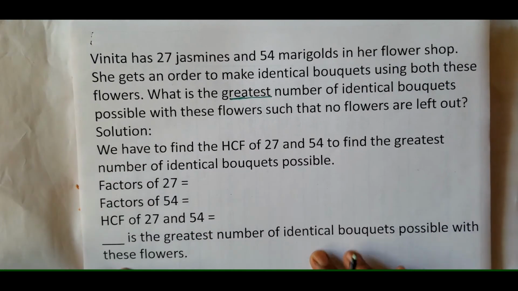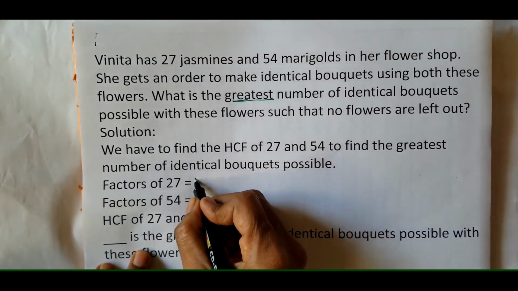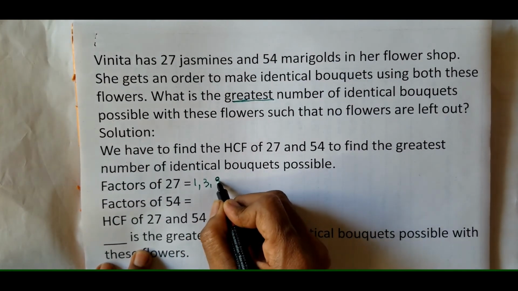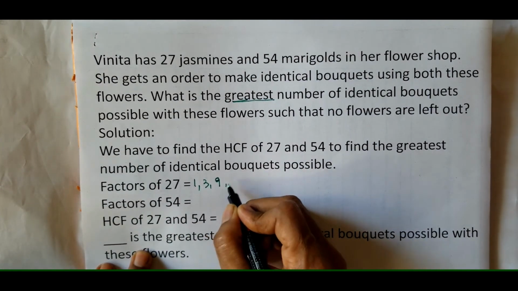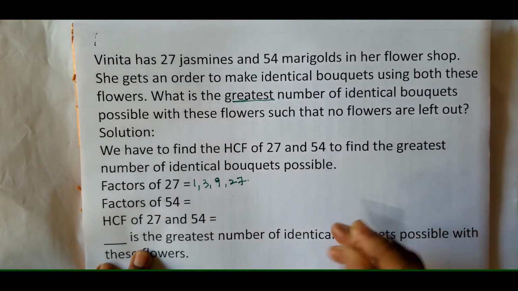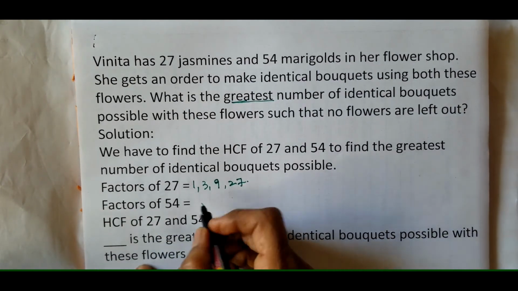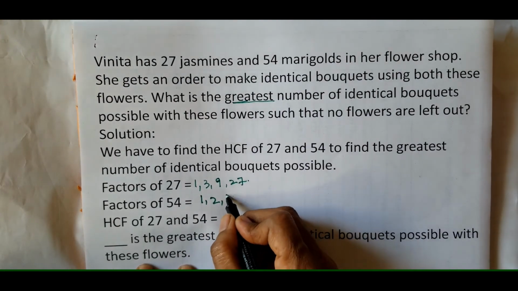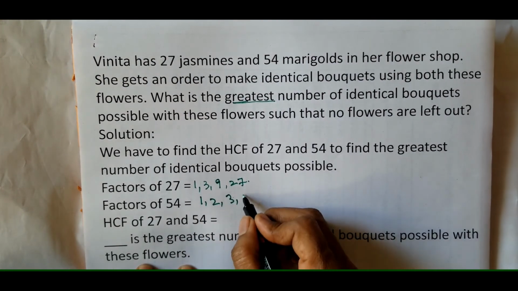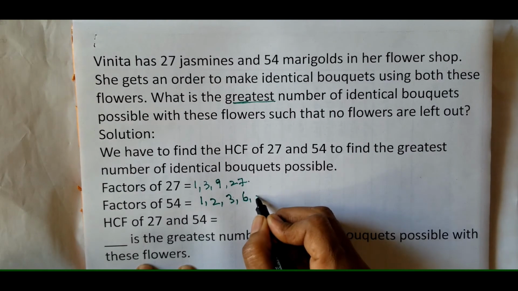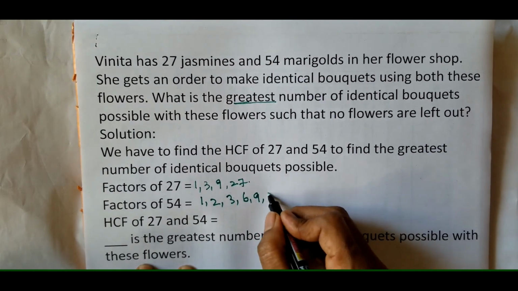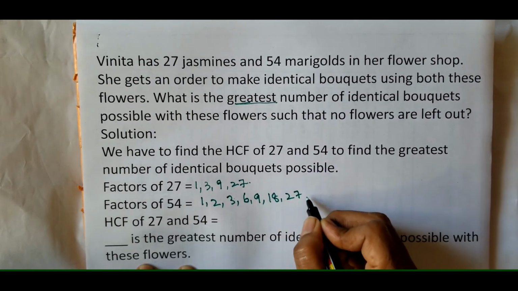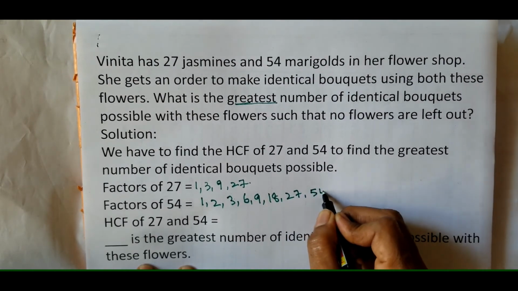So let us now write the factors of these two numbers. Factors of 27: 1, 3, 9 and 27. Now factors of 54: 1, 2, 3, 6, 9, 18, 27 and 54.